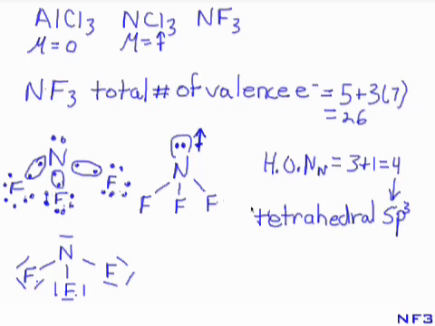The lone pair has a dipole pointing up and away towards the electrons. Fluorine is more electronegative than nitrogen, so I'm going to use a different color for the fluorine dipole. I'm going to use black. Fluorine's more electronegative, so the dipoles point towards the fluorine.